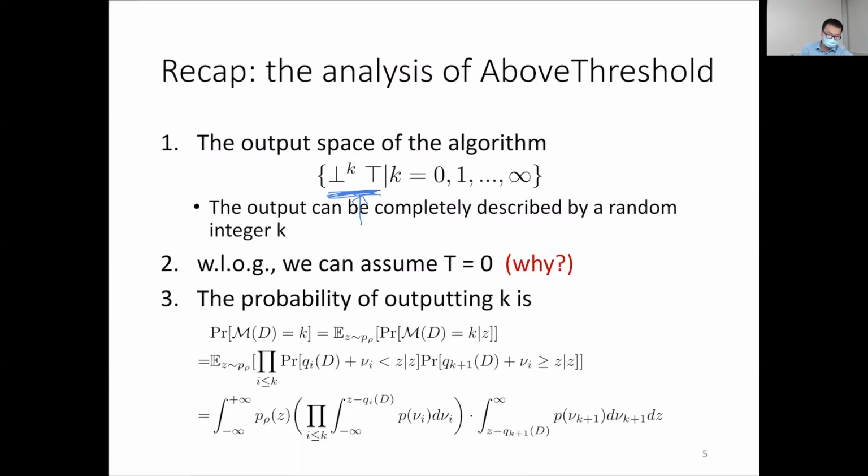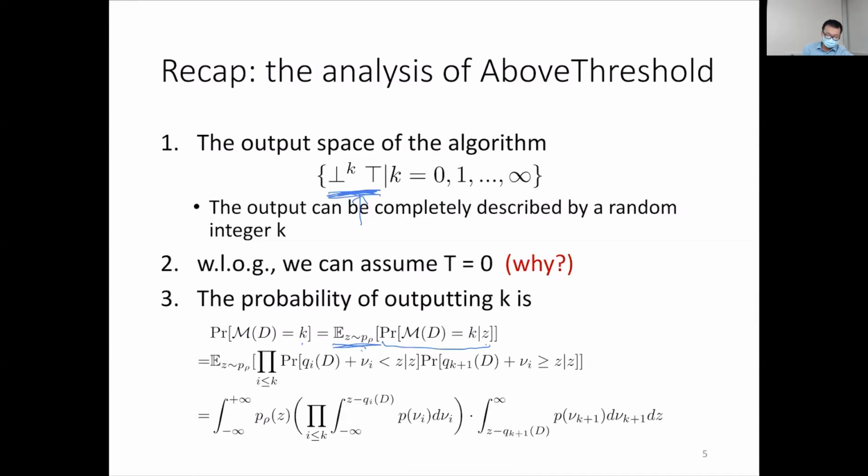Then we can proceed with the proof by first rewriting the output of the above threshold algorithm to be equal to k, conditioning on the value of the threshold noise. Then we can more easily write down the conditional distribution of how the rest of the noise should behave such that the answer is k, right?